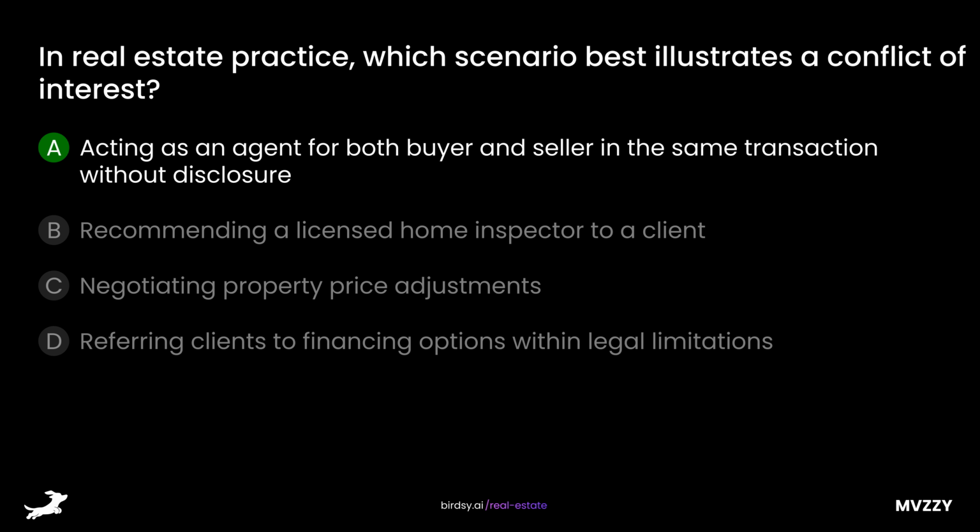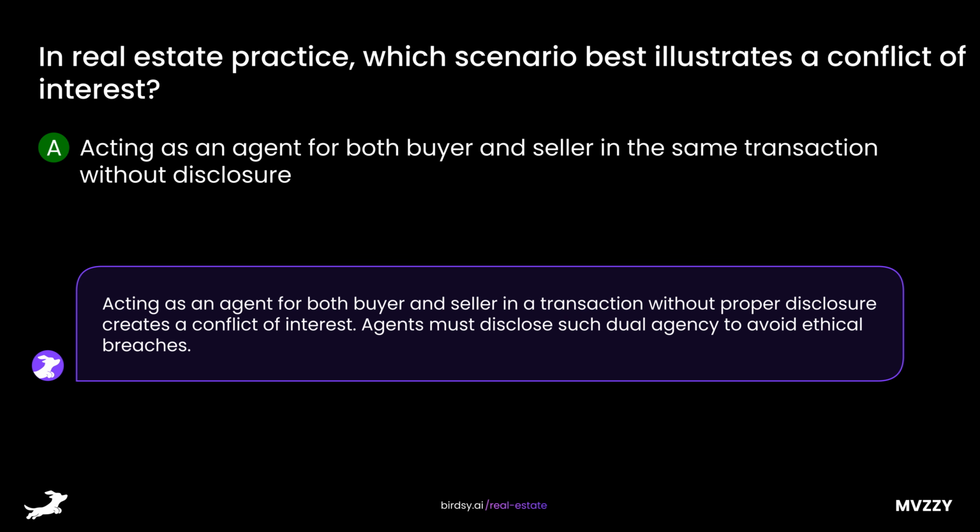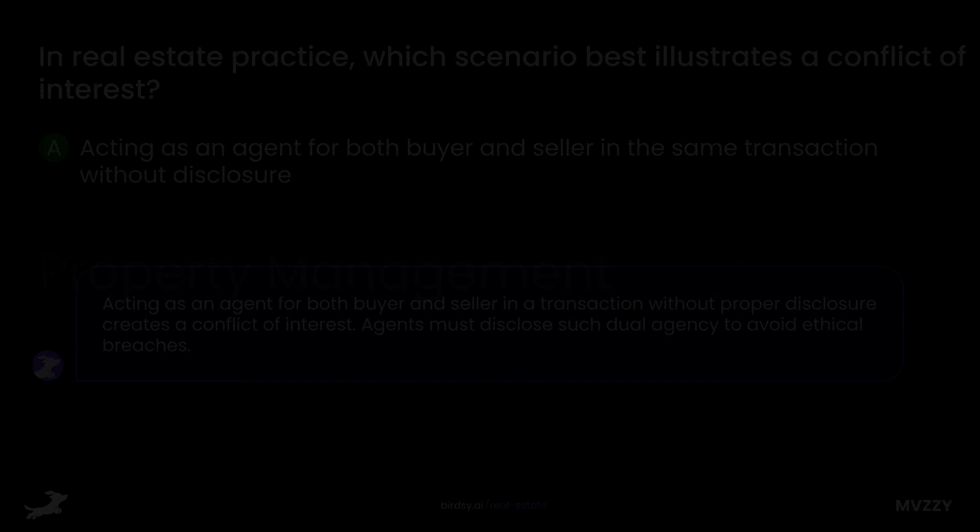The answer is A. Acting as an agent for both buyer and seller in the same transaction without disclosure. Acting as an agent for both buyer and seller in a transaction without proper disclosure creates a conflict of interest. Agents must disclose such dual agency to avoid ethical breaches.